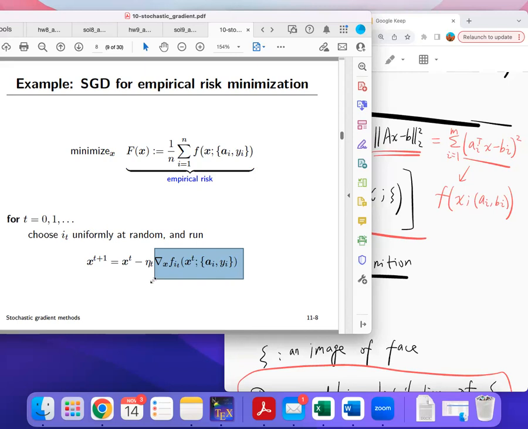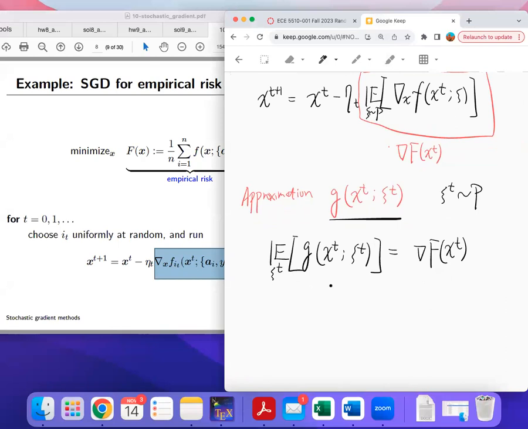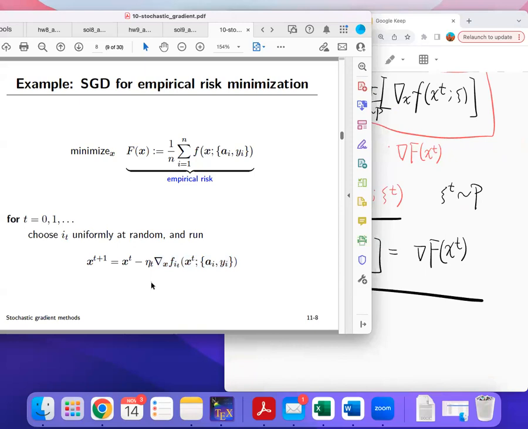So in expectation, this one is exactly what we want. So it satisfies this condition. In expectation, this stochastic gradient is exact. It's an unbiased estimate of the full gradient.